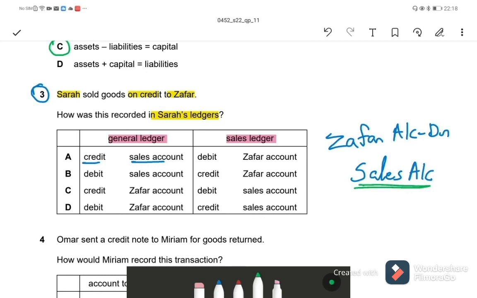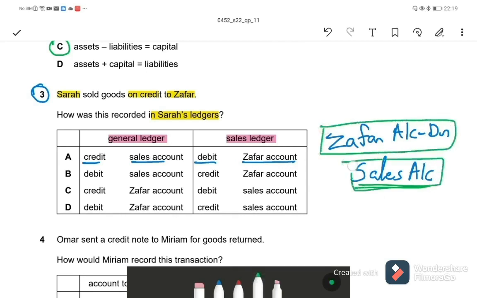Then sales ledger, debit Zafar account. Debit is Zafar account. Credit is sales account. So option A is the correct answer.